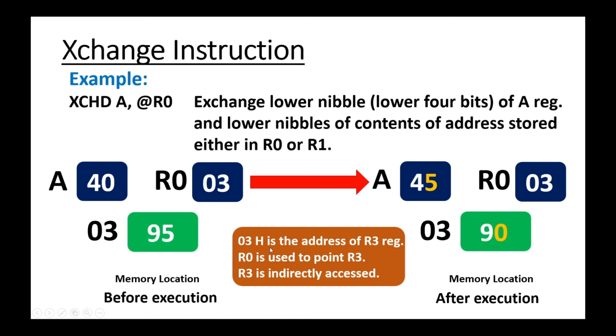So 03 is the address of the R3 register. Again, keep in mind that indirectly R0 is providing you the address of the R3 register. R0 is used to point to R3 indirectly.